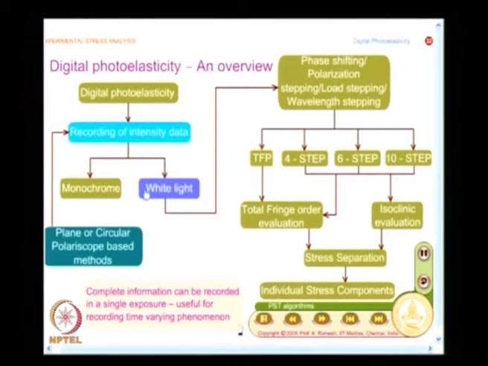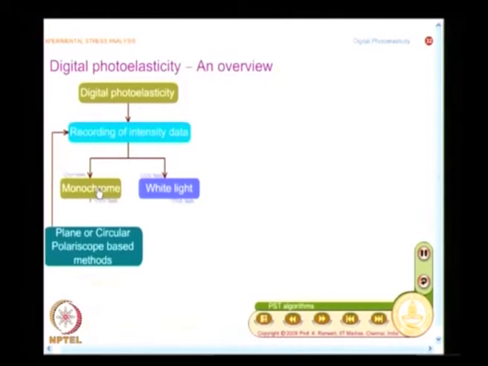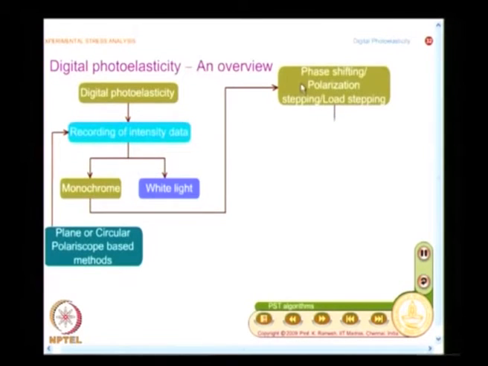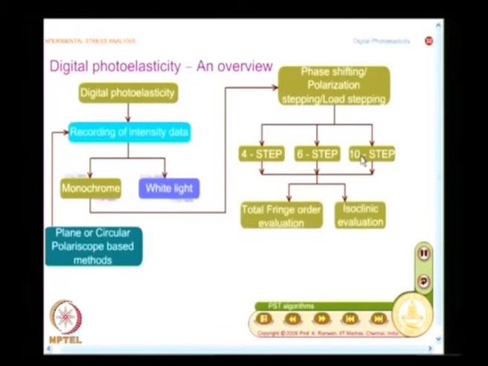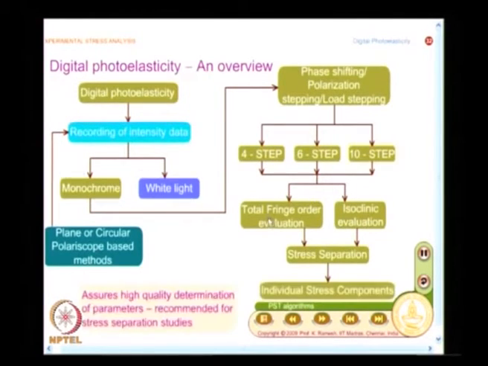So, we have looked at what are the classifications in white light, we can also look at what are the subdivisions in monochromatic light source. So, here again you have phase shifting, polarization stepping and load stepping, you have the 4 step, 6 step and 10 step, and these methods can provide you both isochromatic fringe order as well as isoclinic evaluation.